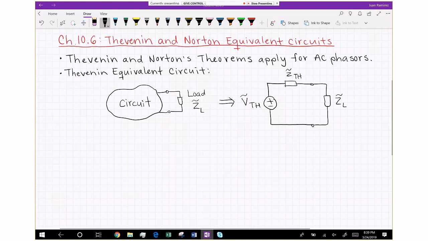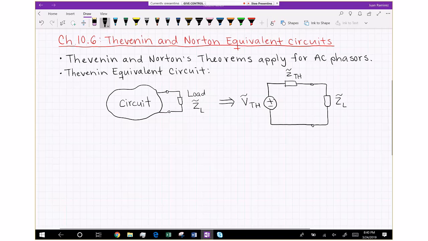So we just converted this potentially complex circuit applied to a load into an equivalent series voltage source with a series impedance, again connected to that load. And note that our load is now an impedance and not just a resistance or a combination of resistive elements.